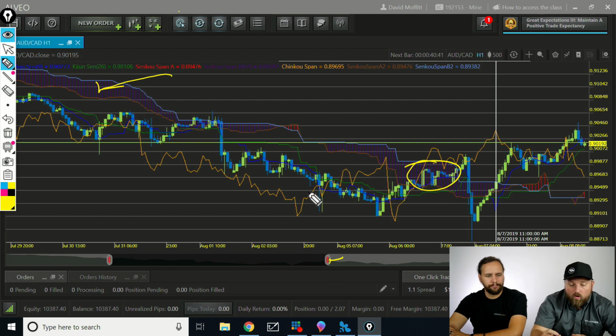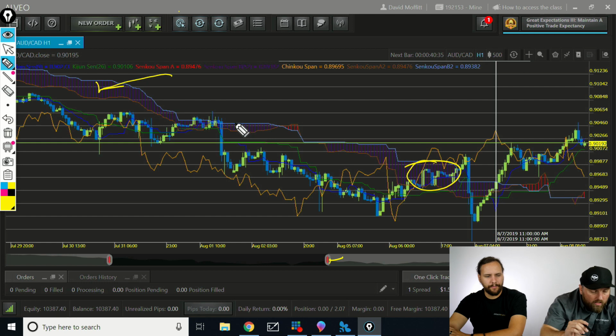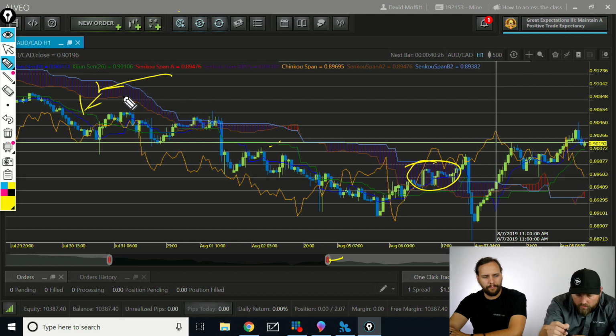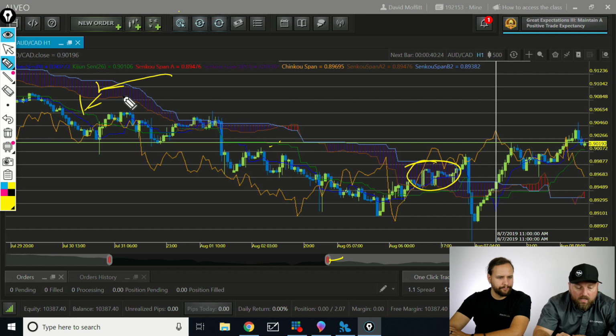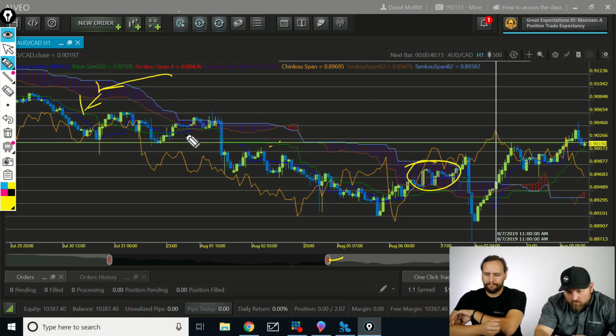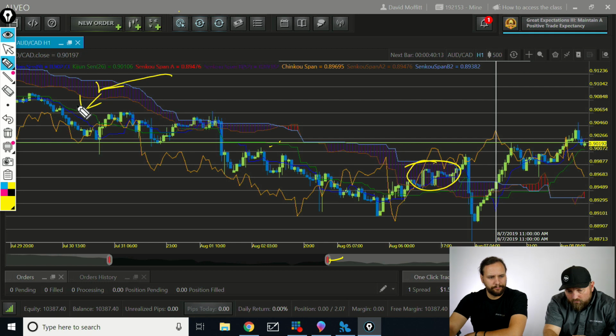And then you have another line right here, which is kind of like what we call the lagging span, which is your green line right here, if you can see that. So you got your lagging span, and then we have basically your support and resistance lines right here. And so when the market is trending, you see when it's trading above or below the cloud.